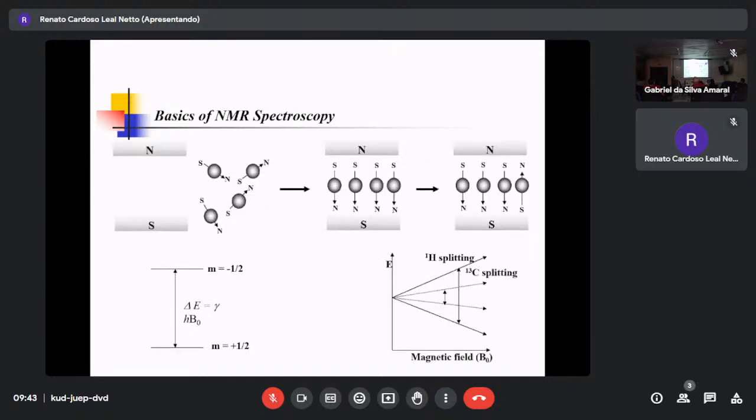So this is a very basic example. As I told you, some materials, protons, have spin, right? If it is a spin, it generates magnetism, north and south. So now I explain why I have to use a magnet here.